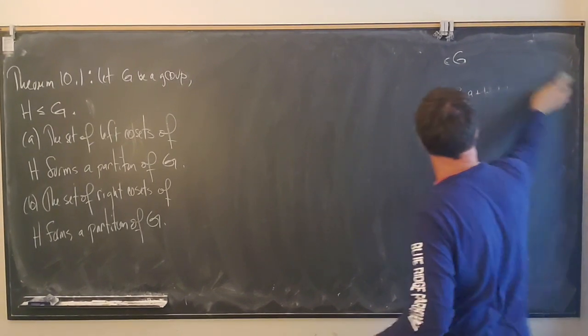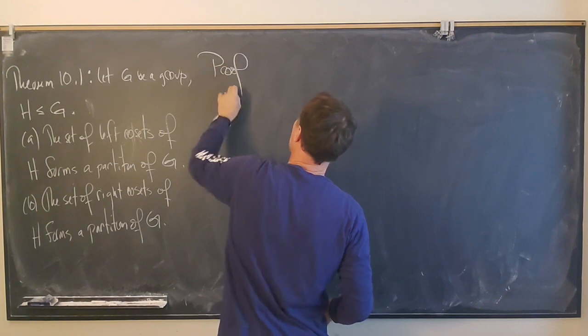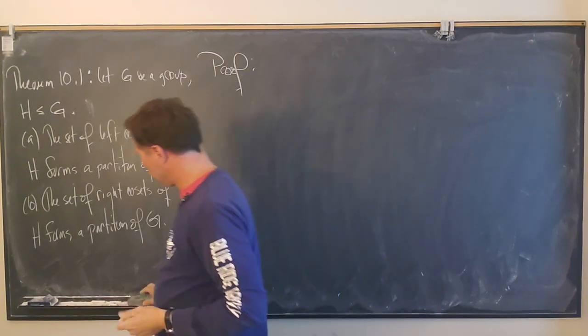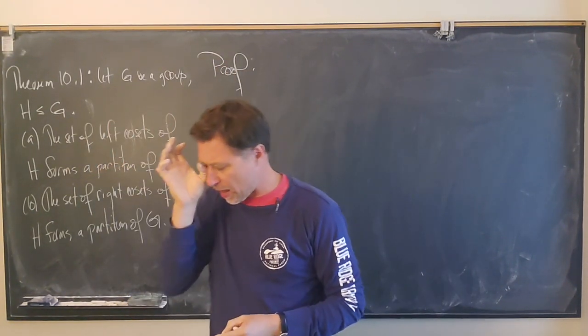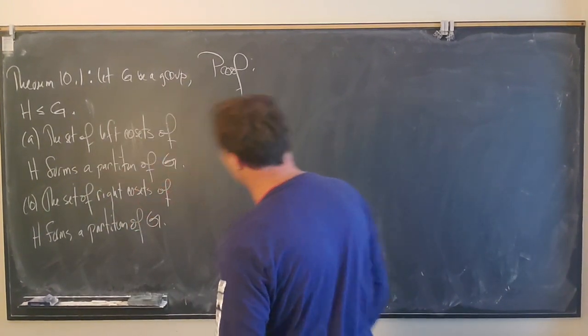Now, for the proof, this proof, or the idea behind this proof, really is going to give us a way to think about how to work with cosets. So you do want to pay attention here. So I want to define a relation.